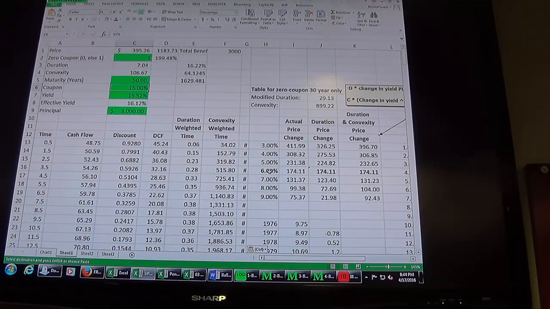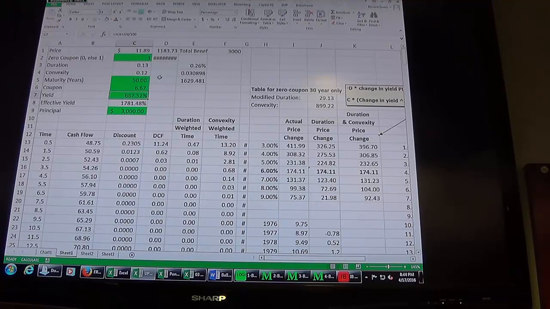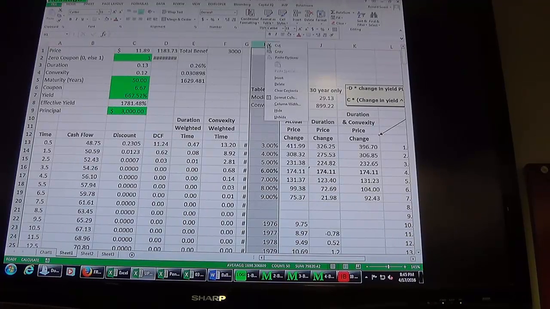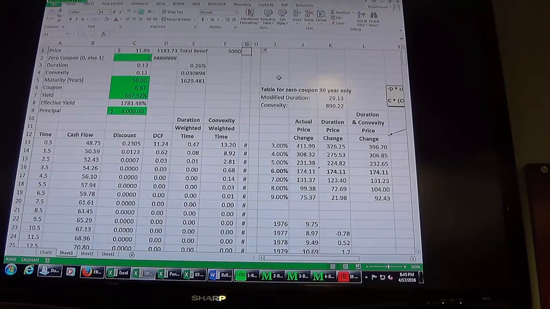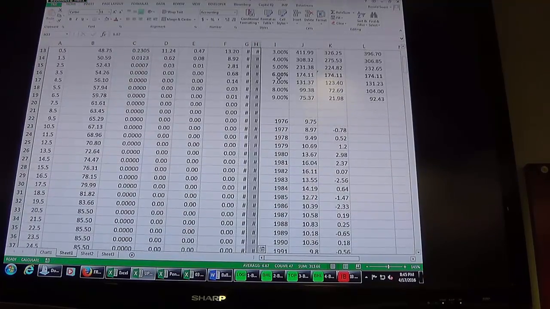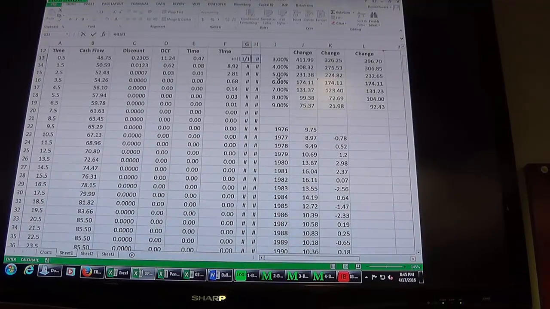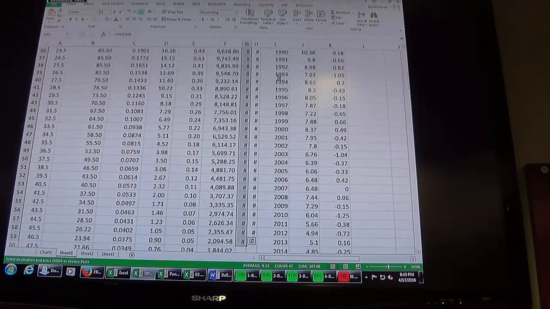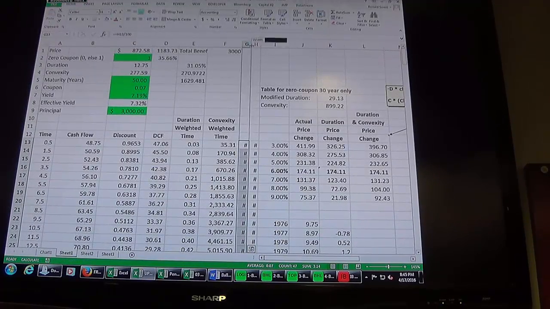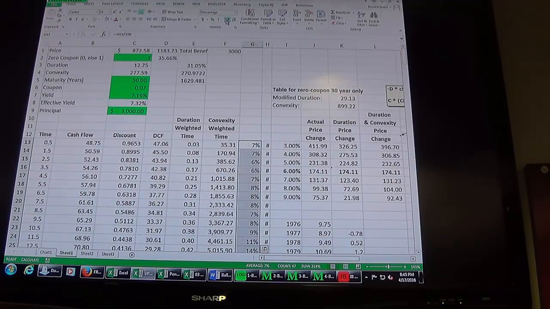Bring that in. And I would just do... you have to divide by 100. So there's your interest rates.